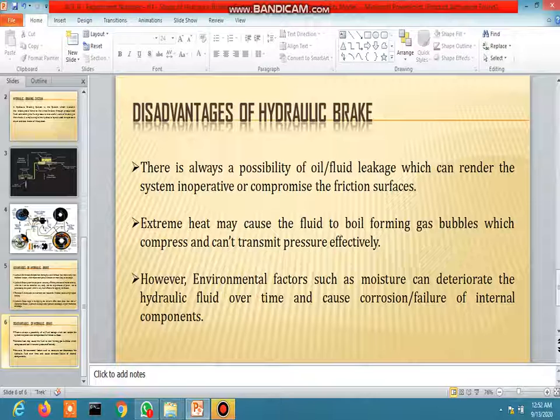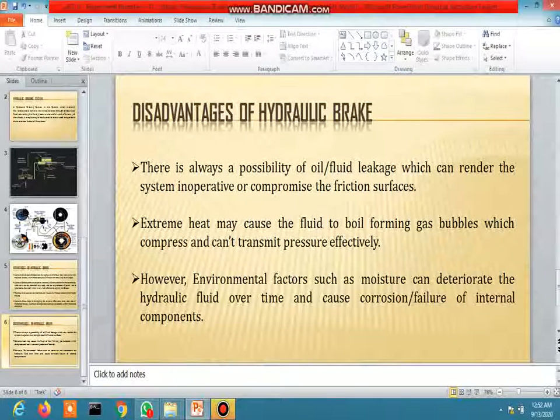That means if the fluid or oil leaks from the hose or any particular connection at a particular location, what happens?